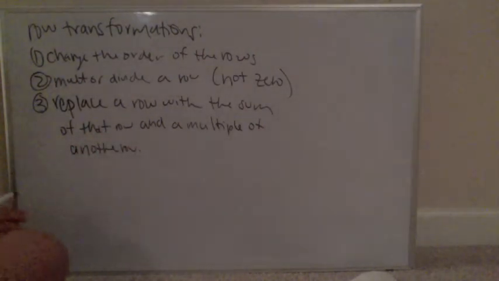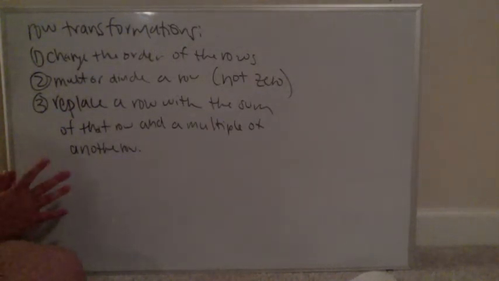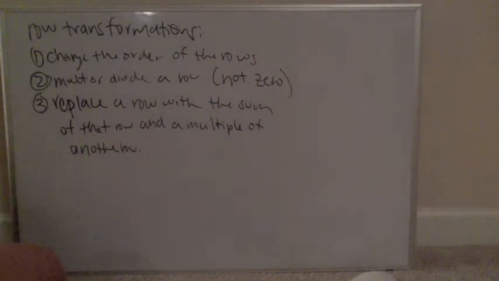So I know that may seem confusing, but the idea here is we'll do that same stuff that we did before. We'll say, oh, we'll multiply row 2 by 3 and row 3 by 6 and then add them together. That's the same thing here. But actually, after we get that result, in our matrix, we'll replace the row with the result. Okay, so here are all of the row transformations that you could possibly use.